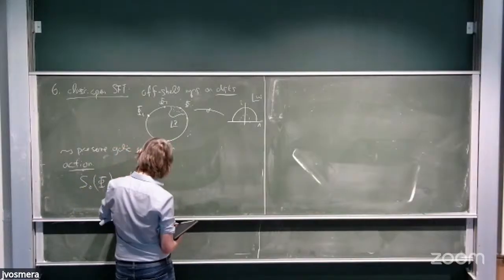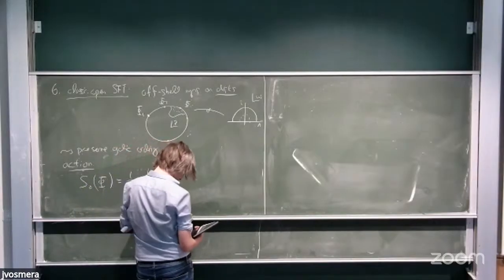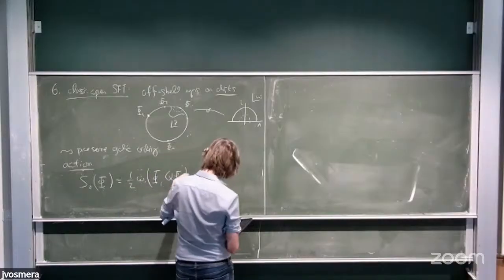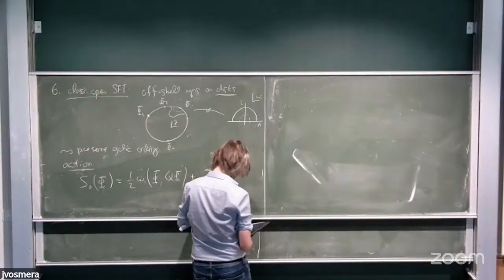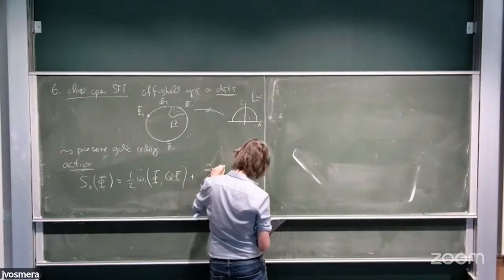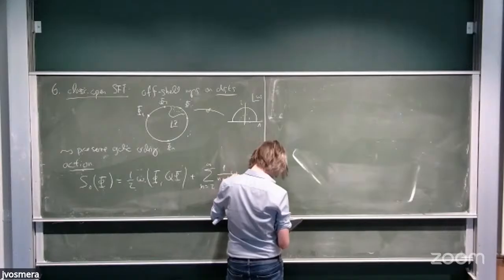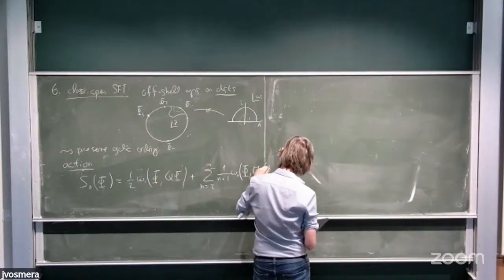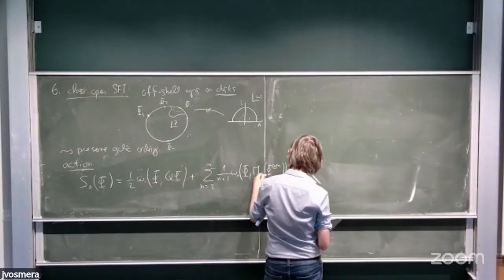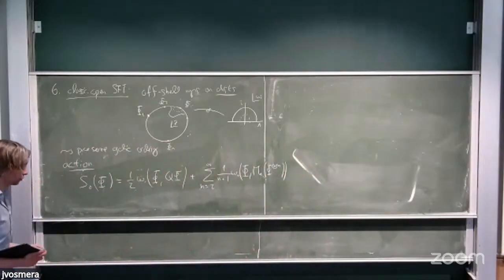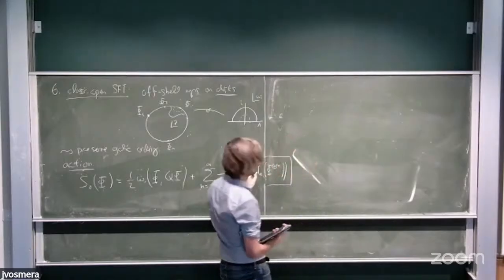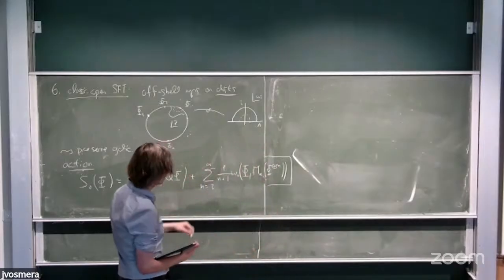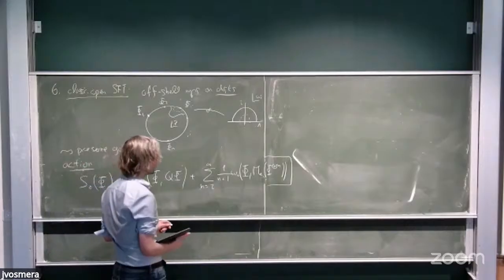So then the action can be written as follows, in general, where for the open string vertices, I have introduced another set of string products, which take you from n copies of the open string Hilbert space and give you another state in the open string Hilbert space.